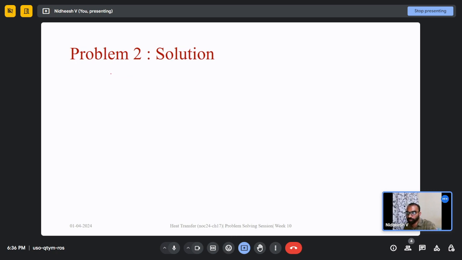Say irradiation that is emitted by the furnace, in this case the furnace is emitting and some detector is detecting, equal to Q furnace to detector divided by the area of the detector.